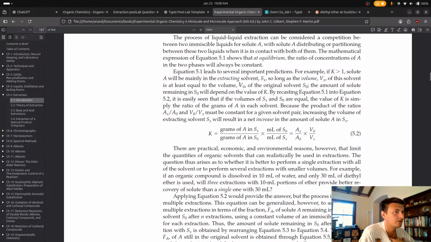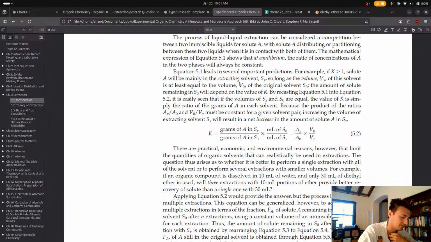And we assumed K is 2. So now we're going to add 10 milliliters of water. So the S total is 20 milliliters of half and half.